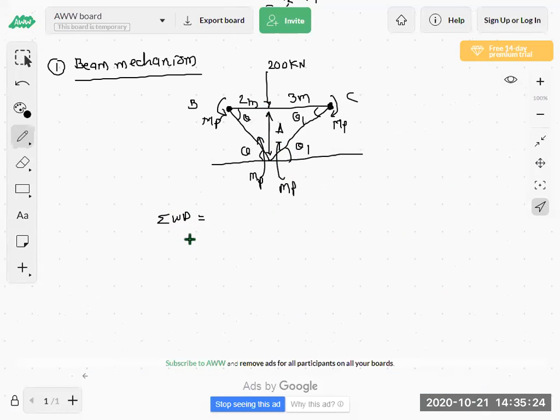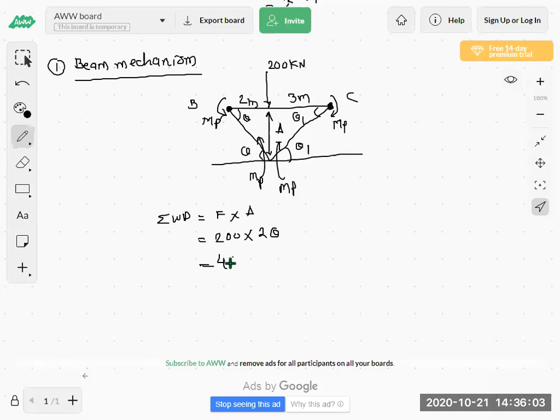External work done is equal to force into displacement. But here external, EWD. Whatever work done happens due to external force, that is the external work done. So how much is the external force? The external force is 200 into displacement. This displacement is 2 theta, or we can write 3 theta 1.